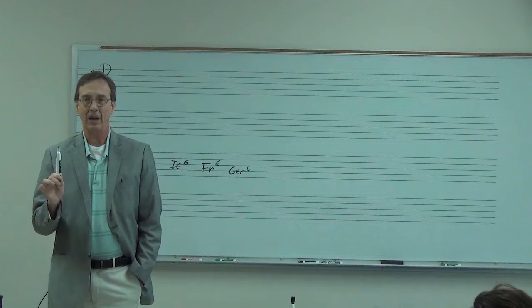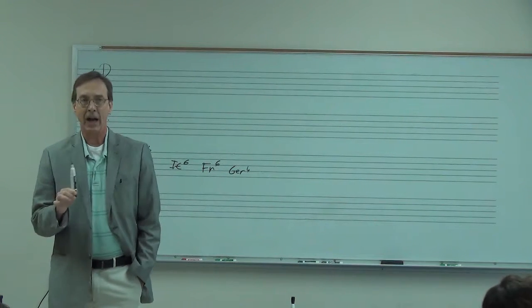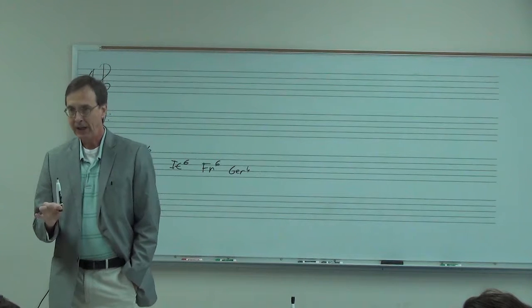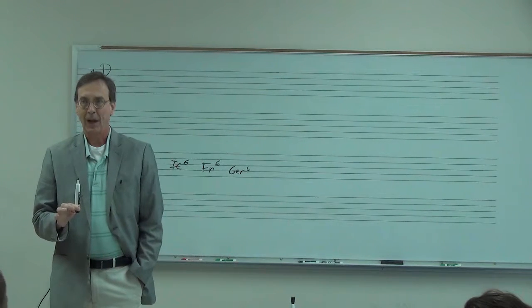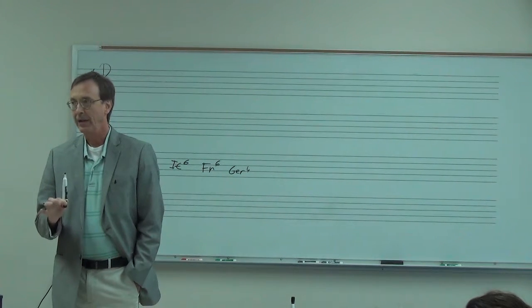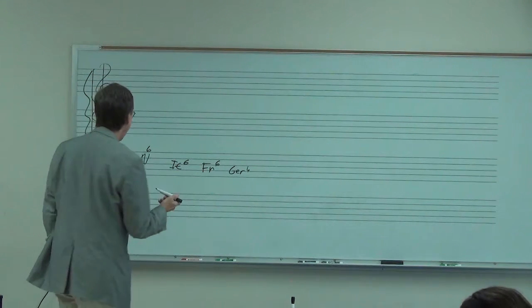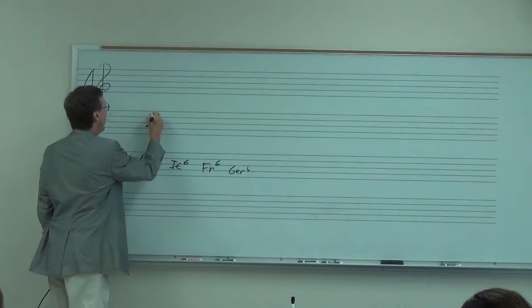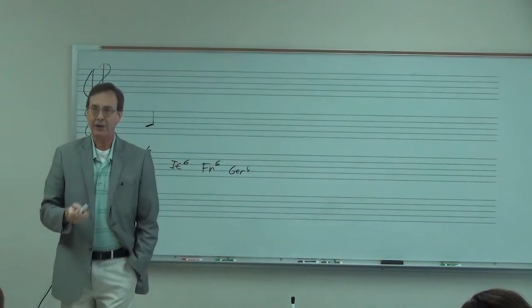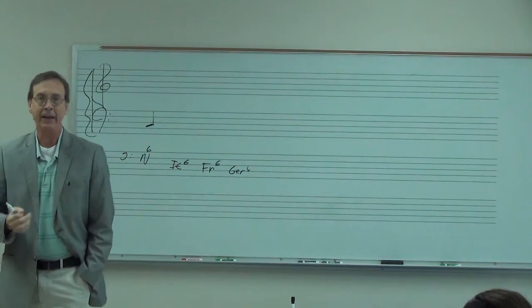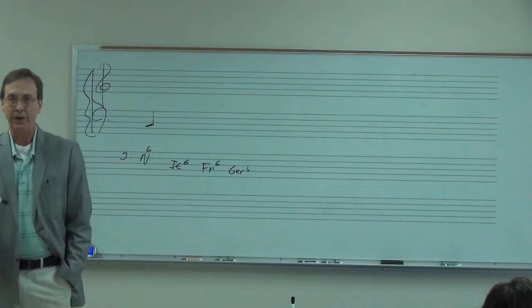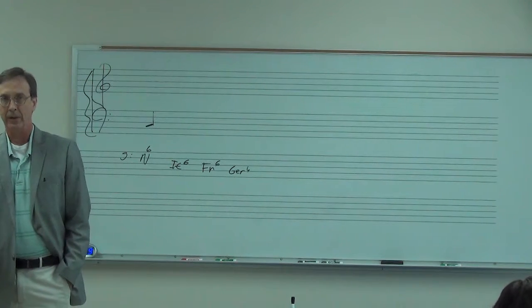Can you spell a major triad on A flat? A flat, C, E flat. What is the third? C. So that is the bass note. The third of the flat 2 major triad is the bass note. Now watch what I do with the other voice.